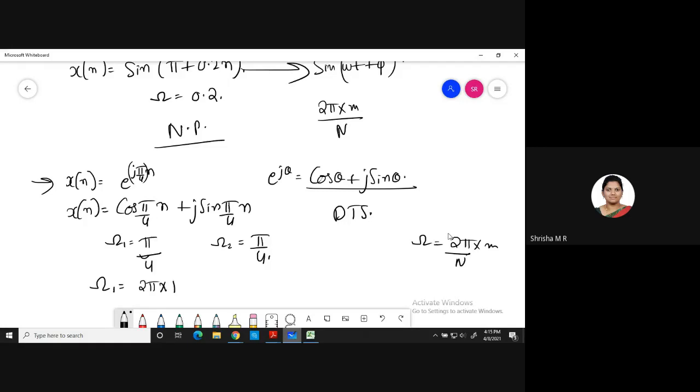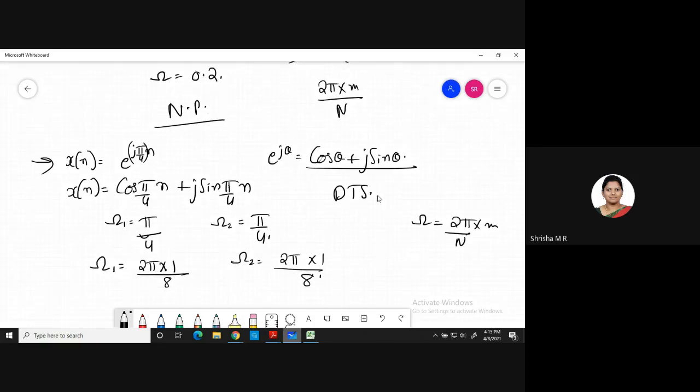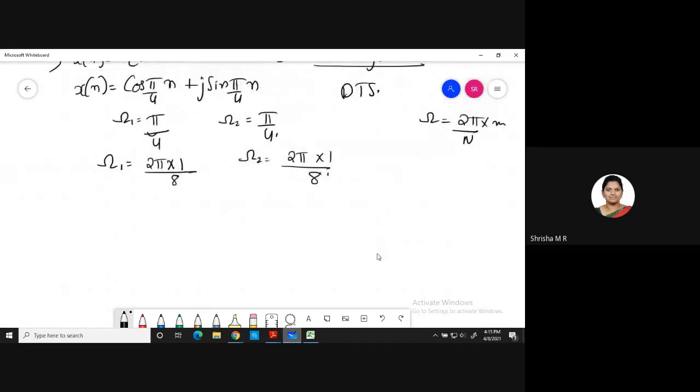So 2 pi into 1 by 8. Omega 2 is 2 pi into 1 by 8. So you get N1 and N2 as 8 only. My N1 is equal to 8 and N2 is also equal to 8. So the LCM of N1 and N2 is 8. So N is equal to 8 samples.